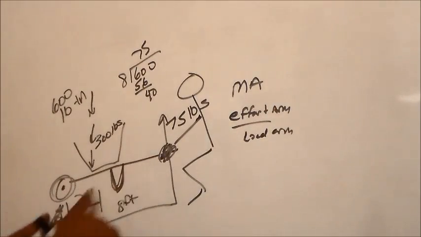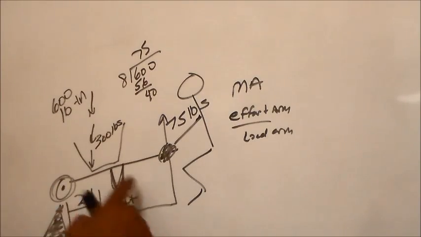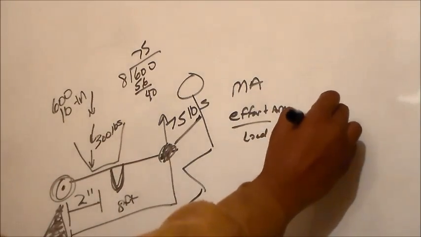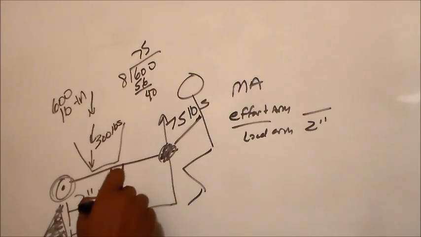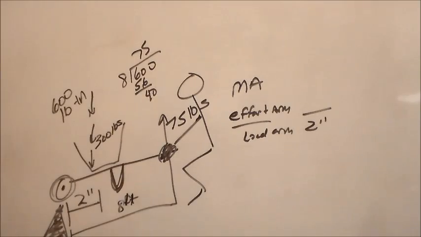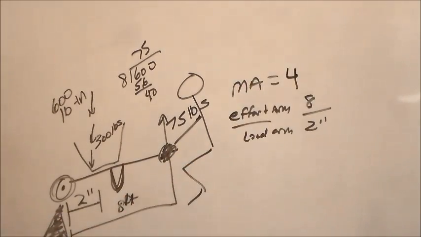The arm is the distance from the reference point, our fulcrum. So our load arm is 2 inches, and our effort arm, we'll say, was actually 8 inches. Sorry about that, not feet. So we have a mechanical advantage of 4, which is pretty good.